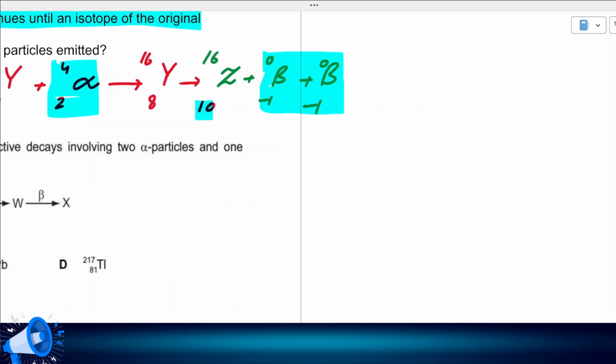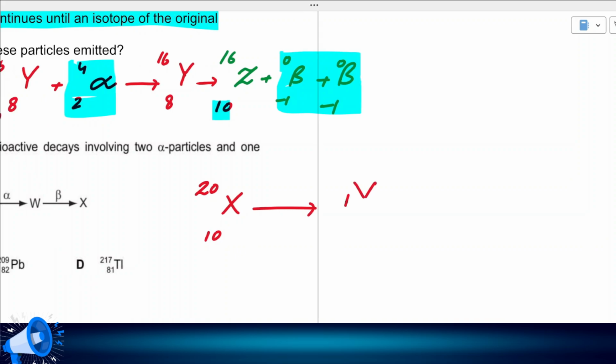And I can solve this one in a single expression. Let's say this is the particle. Atomic number 10. Atomic mass 20. This particle is converted into some other stable nucleus. It emits 1 alpha and emits 2 beta negative. So what is the atomic number here?